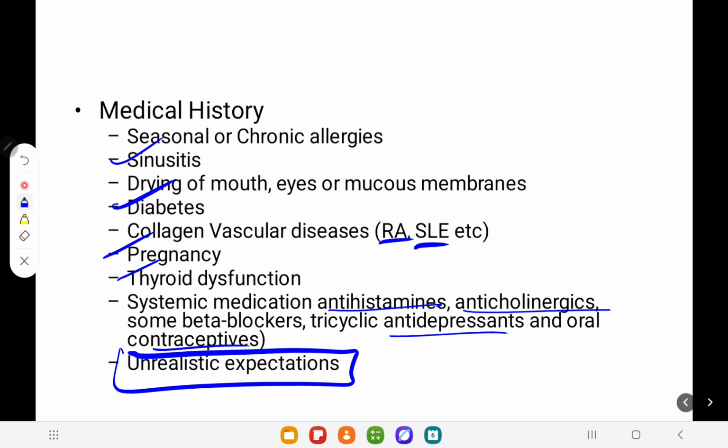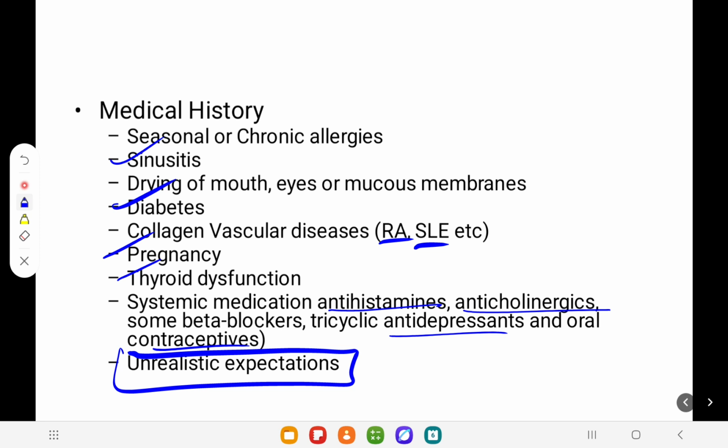Yes, and one of the pathological things is unrealistic expectation. That's very pathological. It's our duty as optometrists to make sure that our patients have realistic expectations. If they have unrealistic expectations, it will be catastrophic. So you must understand whether the patient has realistic expectations or not. If he or she does not have realistic expectations, just stop there, and you have to counsel your patient first, and then you proceed.